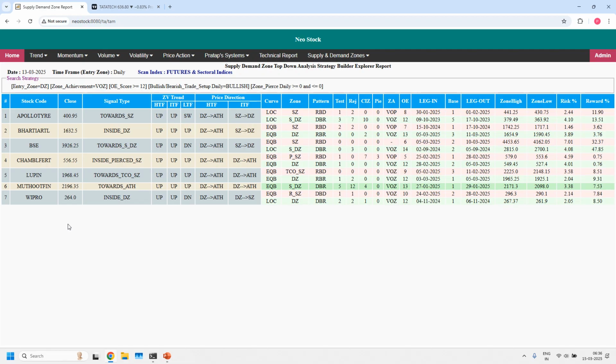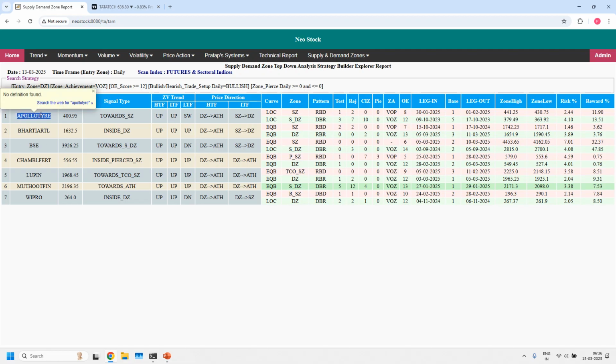For that, I am using zone confluence. Of course, some people depend only on the high liquidity zone. See here, this is a high liquidity demand zone. Some people want to give priority to only those stocks. How many stocks do we have? 3 stocks we have with high liquidity demand zones.